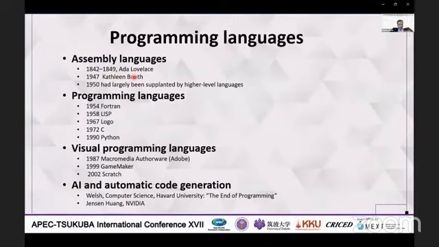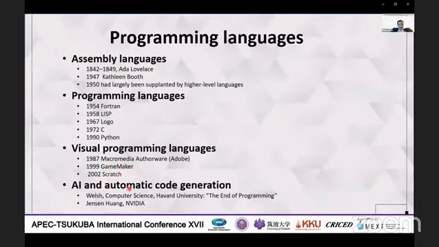Everything is very low level. But then it started more higher level languages, more easy for humans, like Fortran, Lisp, and now Python, 1990. Then visual programming languages like Macromedia, Authorware, Adobe, and GameMaker. I used to use GameMaker to make games and Scratch.